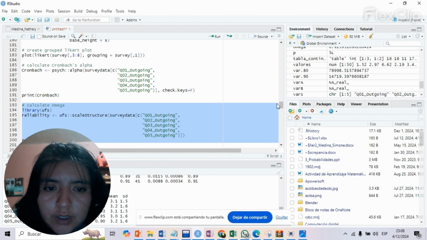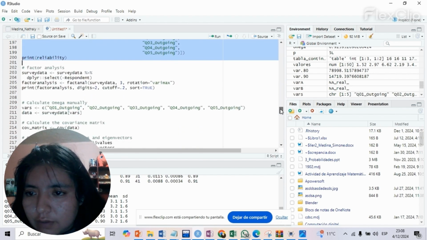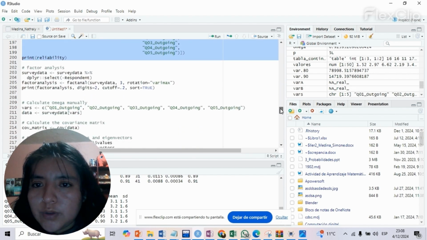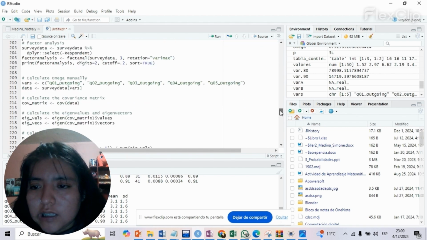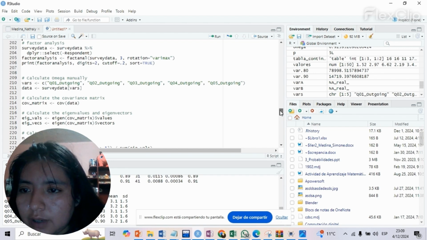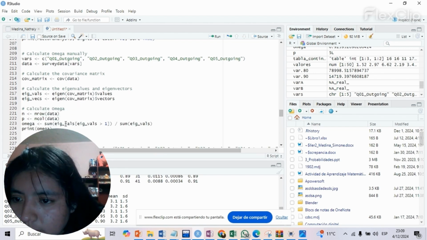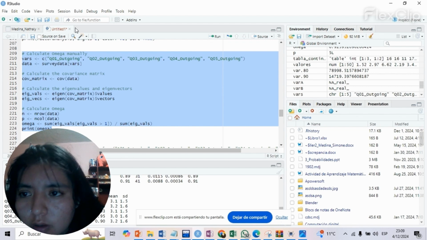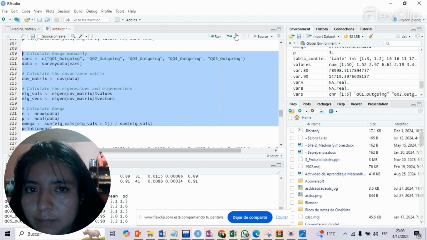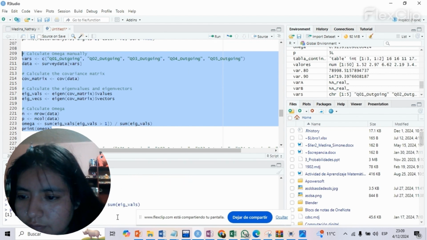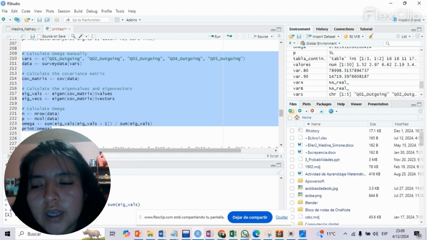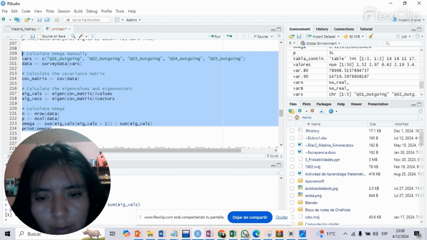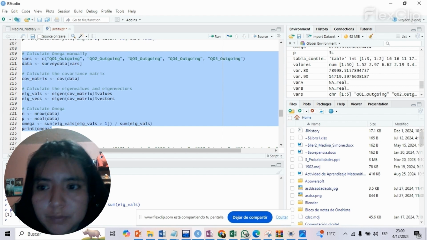In omega, we have many ways to calculate it in R, but we show how we calculate omega manually. You can see the value is 0.9, which indicates the same thing: our questions are related to the topic.